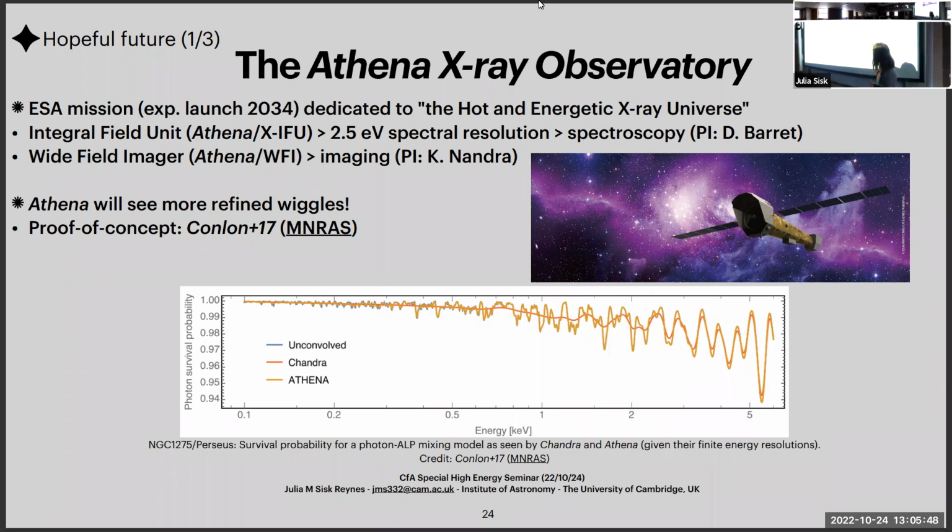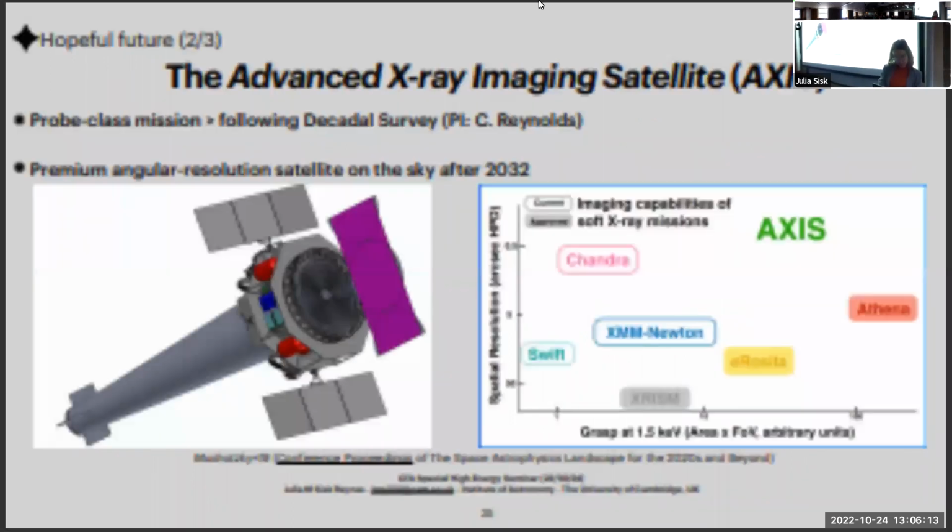As you can see here, this will mean that Athena will be able to see more refined wiggles. So we should be able to test whether these photon-axion mixing models are able to describe these energy-dependent residuals that might otherwise get smeared out with a lower spectral resolution telescope.